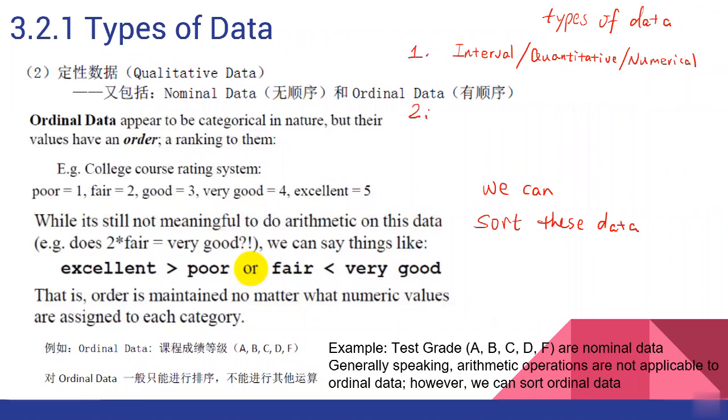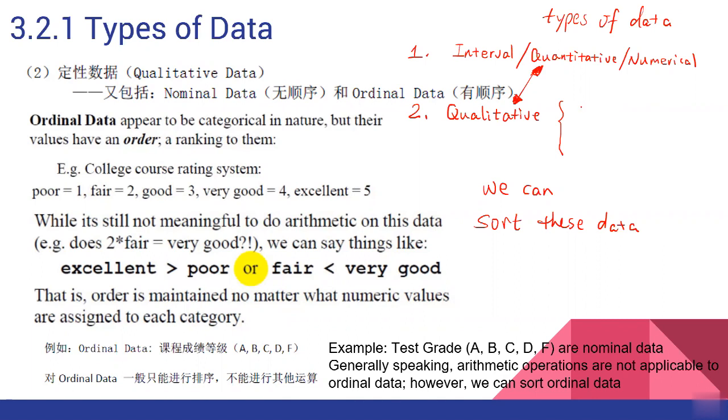The second category is called qualitative data. Okay, you should note that these two words are very similar. Do not mix them together, right? These are different. And for qualitative data, there are two subtypes.